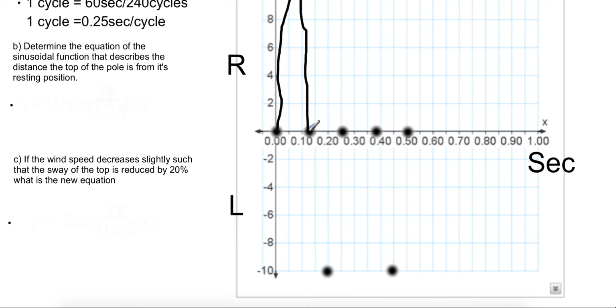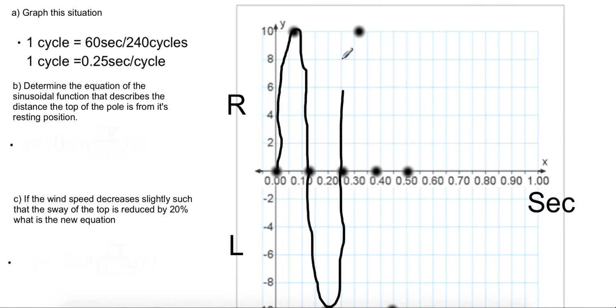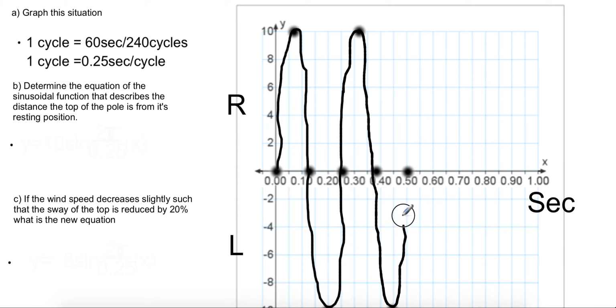And we go down. Let me go back up. And there we go. 2 cycles.